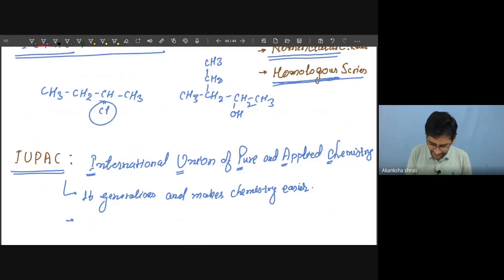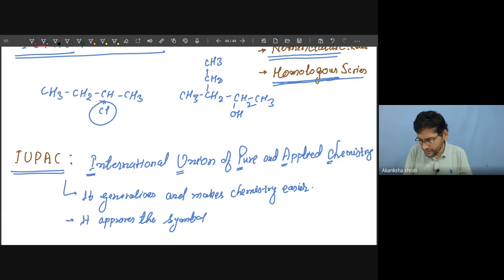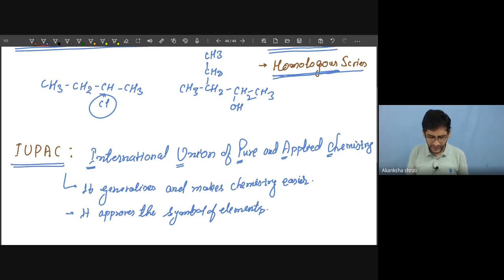So what has it given? It approves the symbols of elements. It is asked in NTSE who gave these symbols. Dalton had given the earlier symbols, which were inconvenient, so they were replaced.